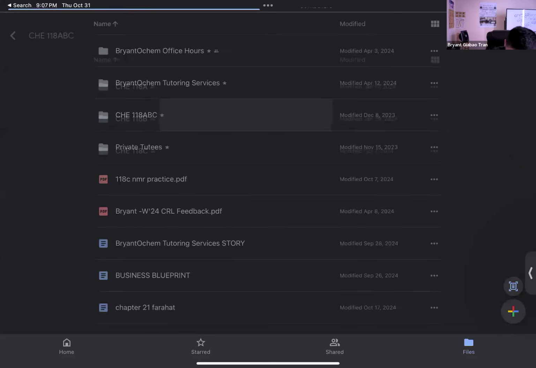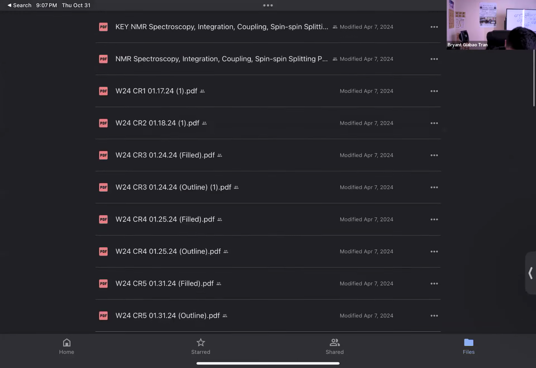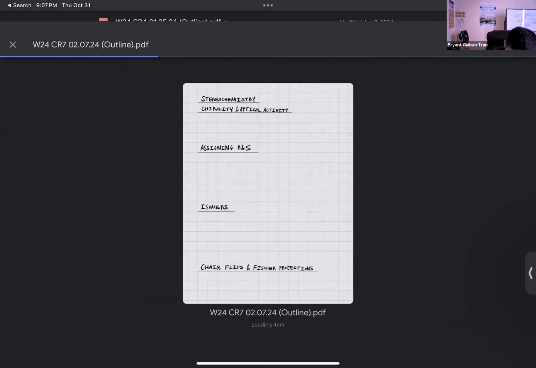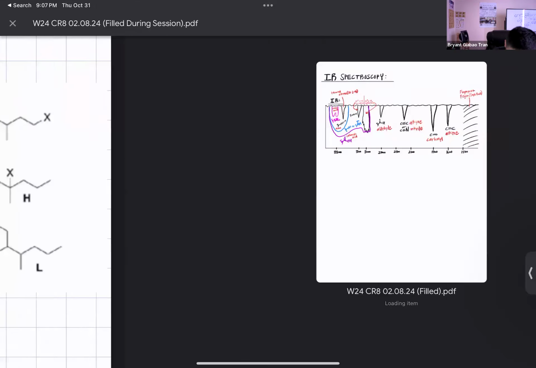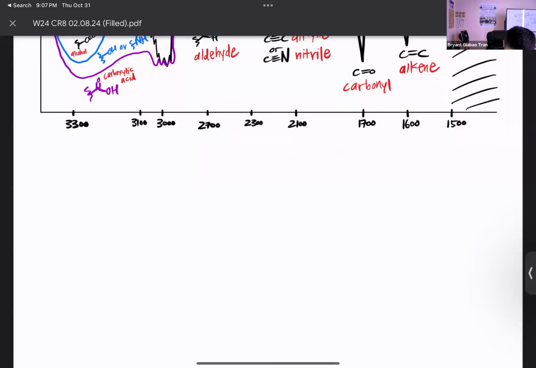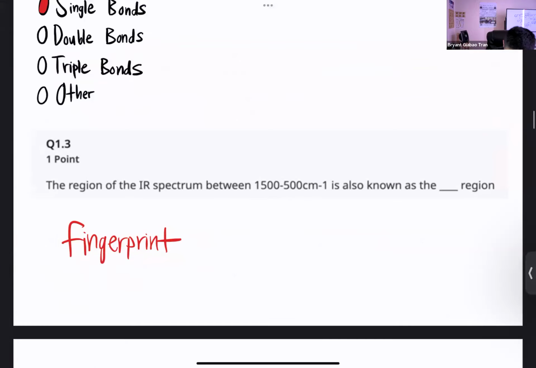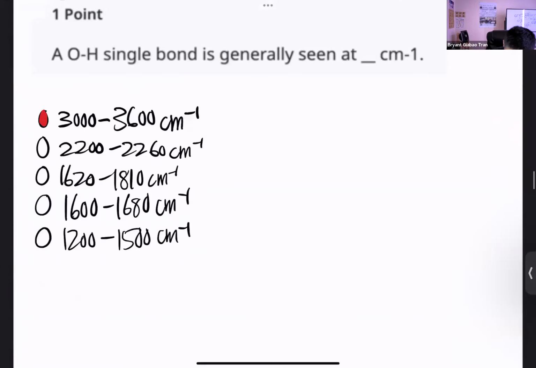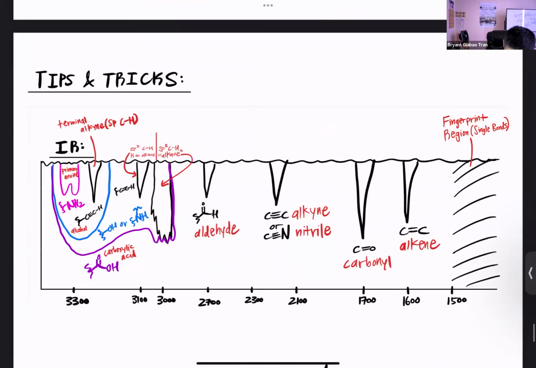Let's see, IR, stereochemistry, IR. Ooh, okay, okay. Yeah, this is good practice.